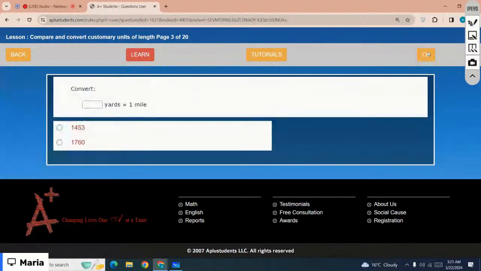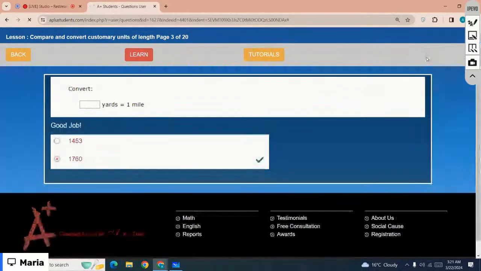Which is the correct option? Yes, 1 mile equals 1,760 yards. Option number 2 is the correct option.